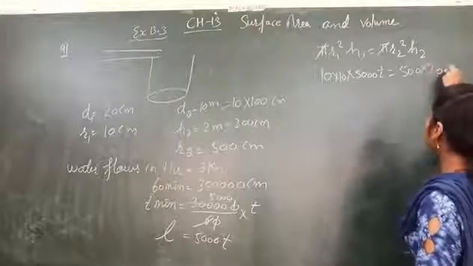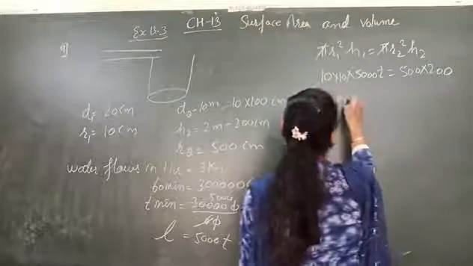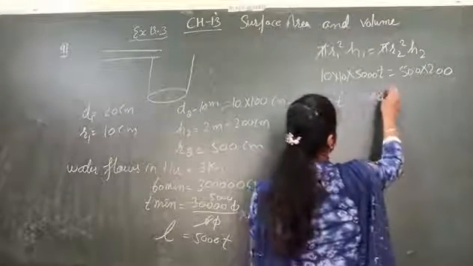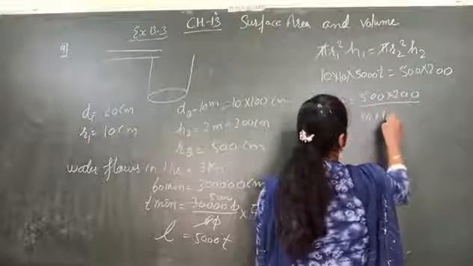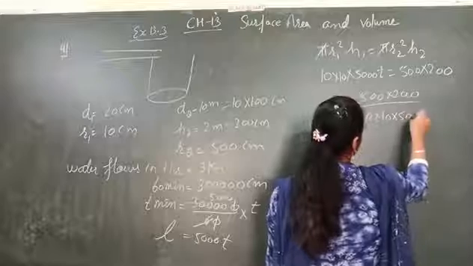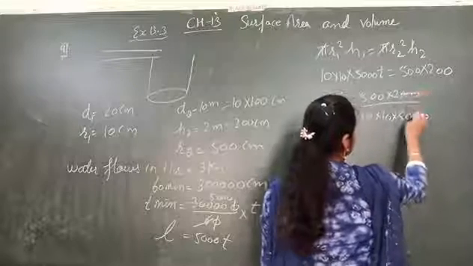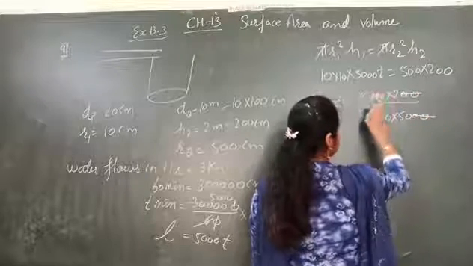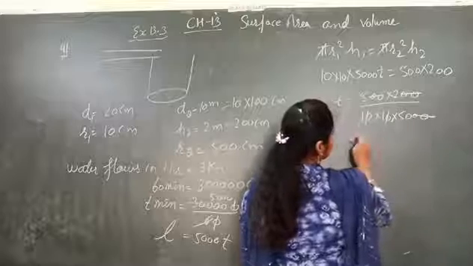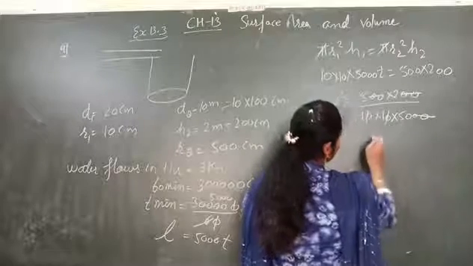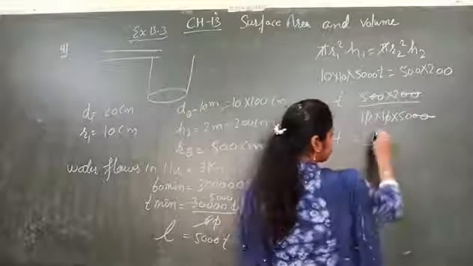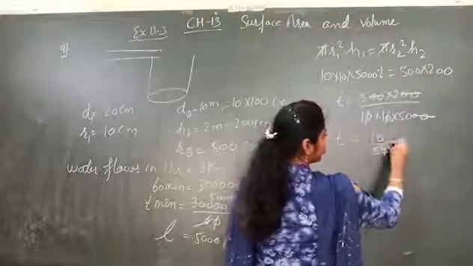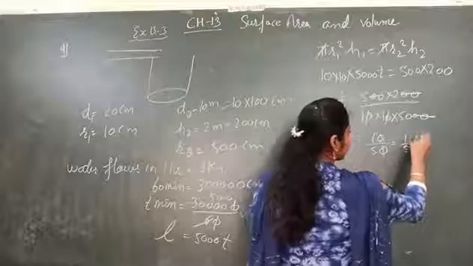H2 is 200. So we have to find T. 500 into 200 upon 10 into 10 into 5000. So we get 1 upon 5 minutes.